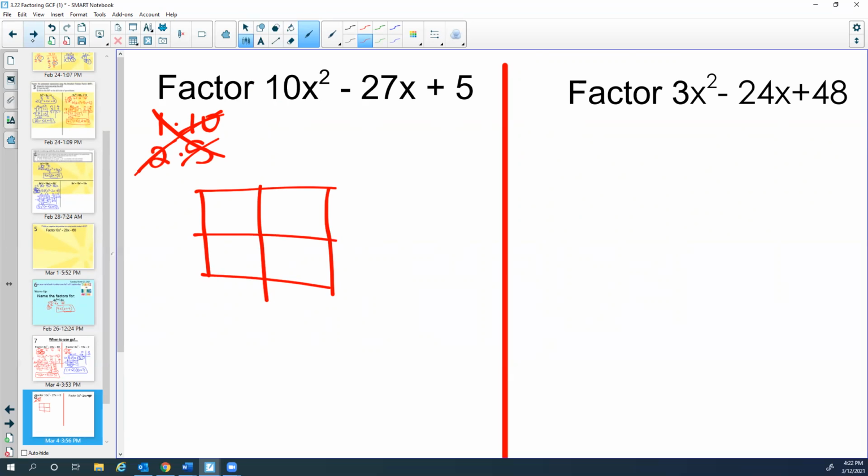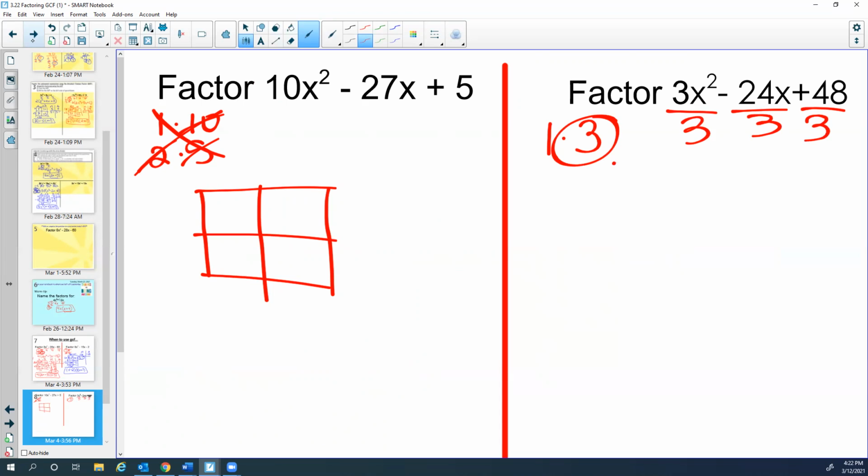On the one on the right, I have 3x squared for the first term. Factors of 3 are 1 times 3. Well, 3 is a factor of 24, and 3 is a factor of 48. So that means 3 is the greatest common factor, and we can divide 3 out of all 3 of these.